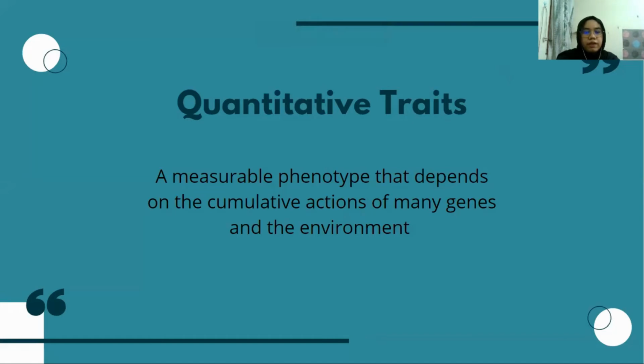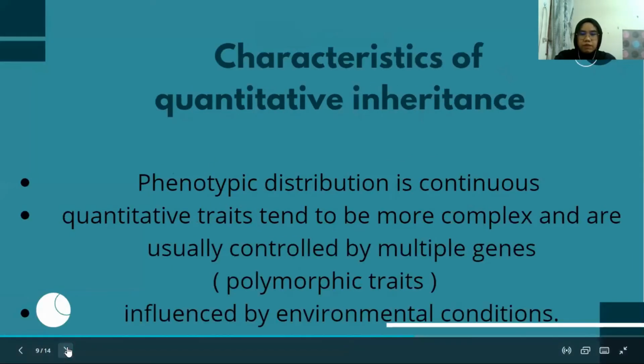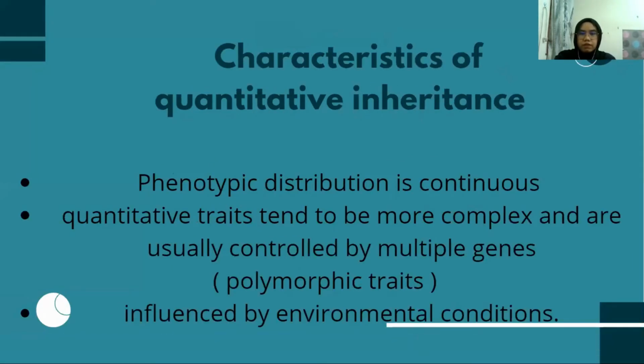Okay, now we have quantitative traits. What is a quantitative trait? It is a measurable phenotype that depends on the cumulative actions of many genes and the environment. Next, we have the characteristics of quantitative inheritance. Some individuals cannot be classified by discrete values.